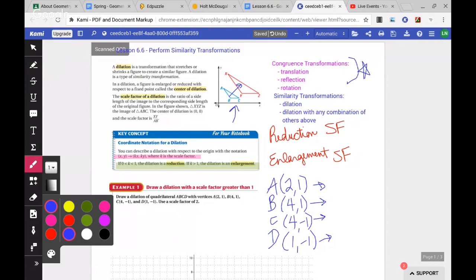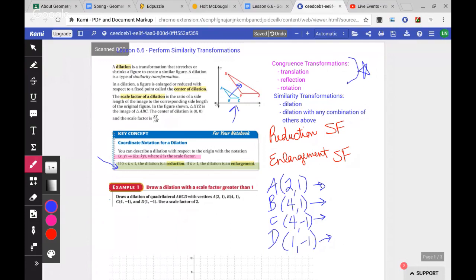The scale factor we've talked about is how it changes when you compare the sides and how they change. It's very important that your scale factor be the right number because it's going to tell you if it got larger or smaller. This part highlighted in green, it says the K is going to be the scale factor.